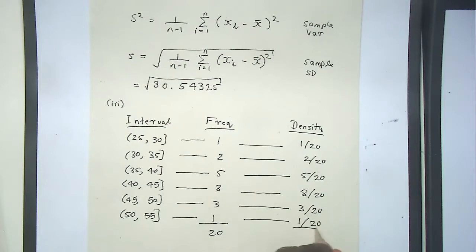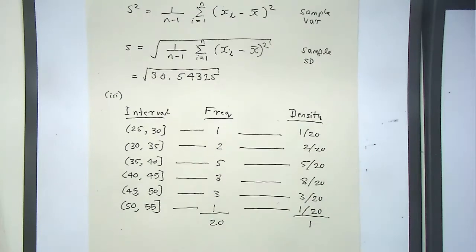All of this should add up to 1, because density must add up to 1, right? So this is known as the frequency table. That's part 3. Now part 4.